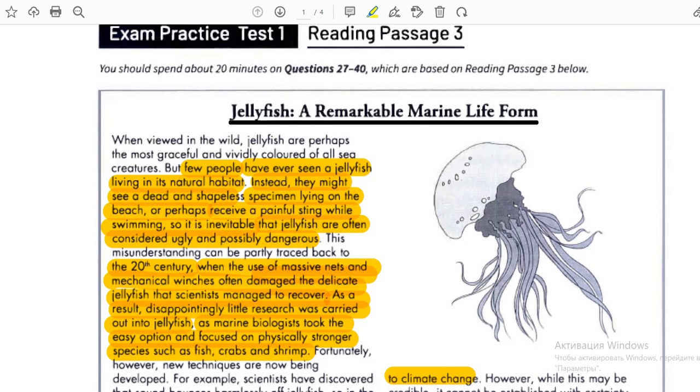But how is that? Because the writer says that most people may only have seen a dead, shapeless jellyfish on the beach or perhaps been stung by one. So it is inevitable that people have negative views of jellyfish. Inevitable means not surprising.